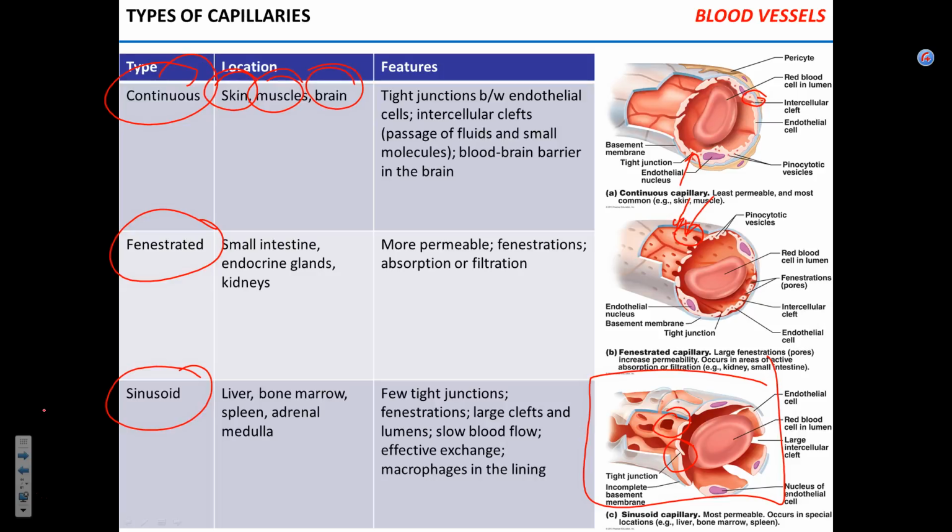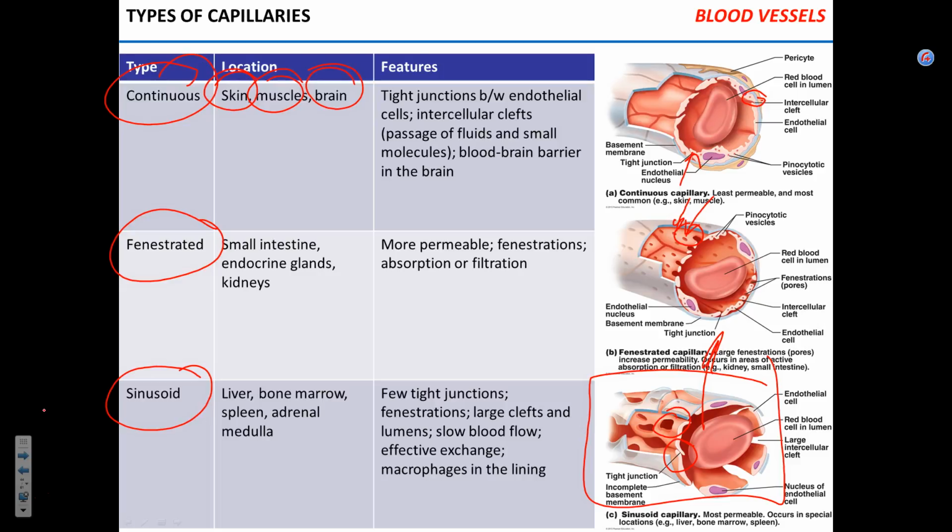Is it like a filter almost? It's not a filter, but, say, the spleen takes care of the old red blood cells. Red blood cells can move through the wall of the capillary in the spleen and be devoured by splenocytes.